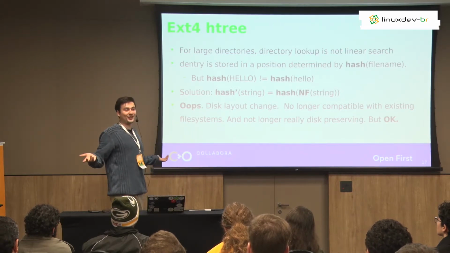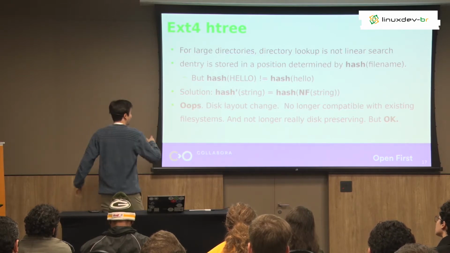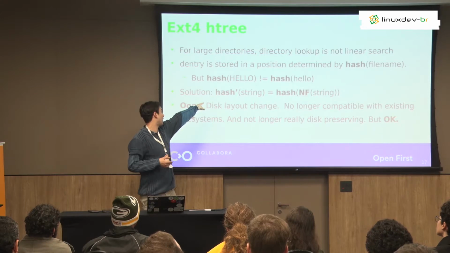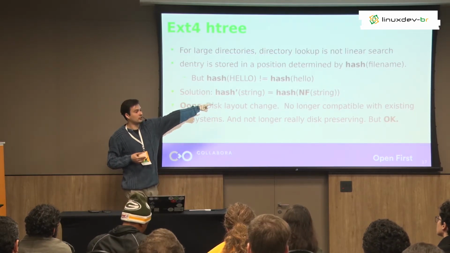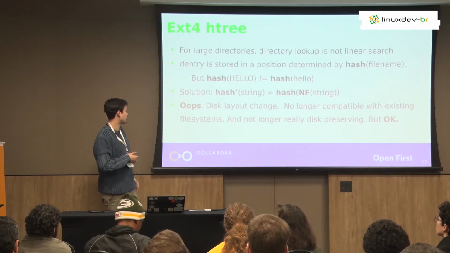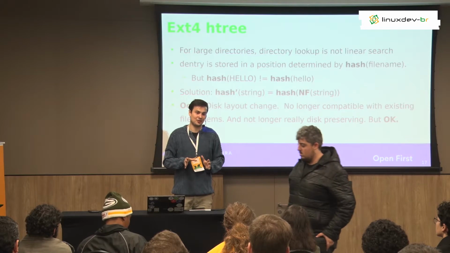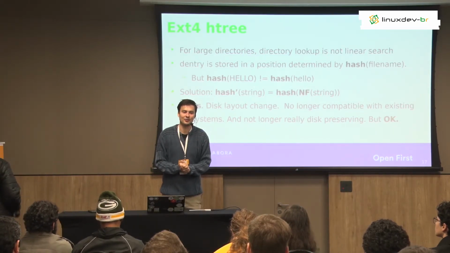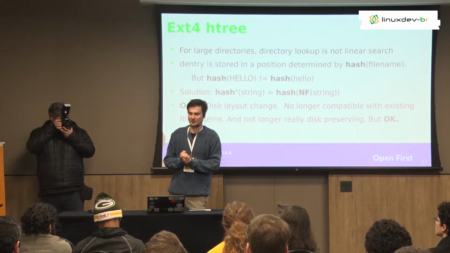So we are not able to find our files anymore, unless we change the hash. Now this is very easy to solve, we define a new hashing function that calculates the hash of the normalized case-folded name. Really cool, but now the layout on the disk changed. So now I cannot take your current file system that you already have and make it case insensitive. You need to recreate your file system. Sorry.